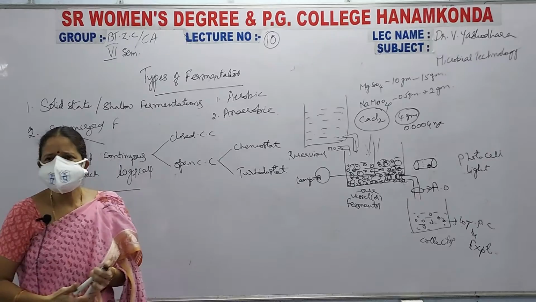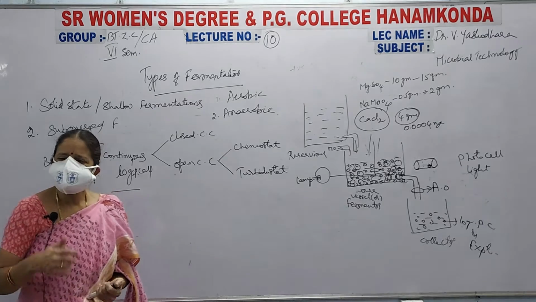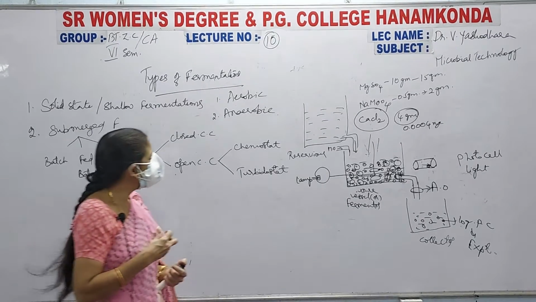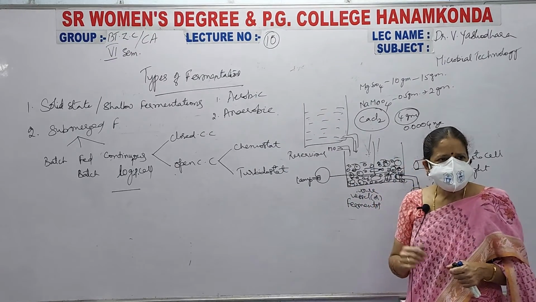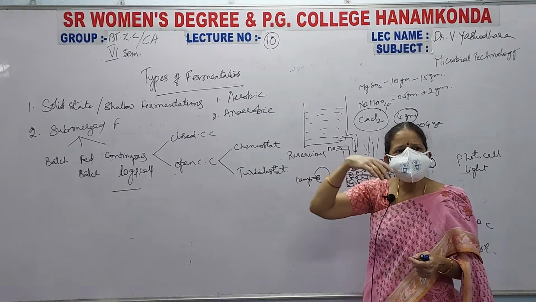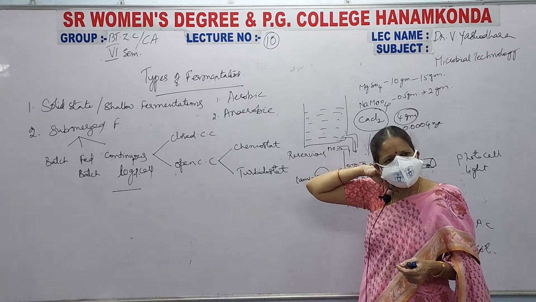Aerobic fermentation means in this oxygen is used. In aerobic fermentation, oxygen passes through the sparger into the culture vessel, and it helps in mixing. These aerobic fermenters may be mechanical or non-mechanical, and they consist of turbines or impellers or blades or stirrers.